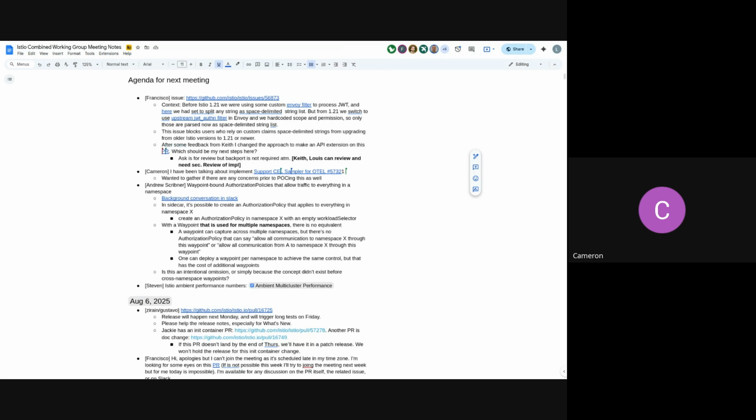The main reason behind wanting to do this is we wanted to move some of our logic from our OTel collectors into the proxy, to make the decision before the traces are collected, just to limit the amount of traces that we're collecting. So it seems like it should be pretty easy to POC out, but I just wanted to gather if anybody had any initial concerns about just exposing the expansion so it can be used by an Envoy filter to be implemented.